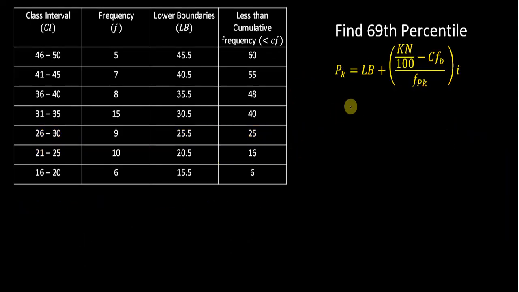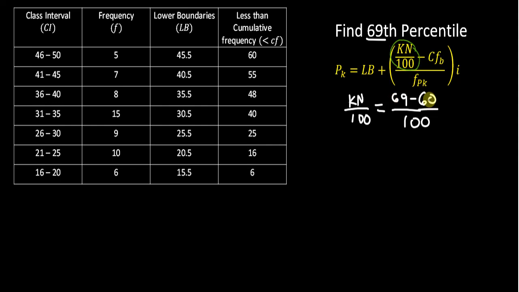Next, dito naman tayo sa percentile. So, hanapin natin yung 69th percentile. So, again, unahin natin itong Kn over 100. So, kanina over 10, ngayon over 100 na. Kn over 100, that is equal to K natin is 69, kasi nga 69th percentile. So, 69 times N, hindi nagbabago, 60 pa rin yun, over 100.